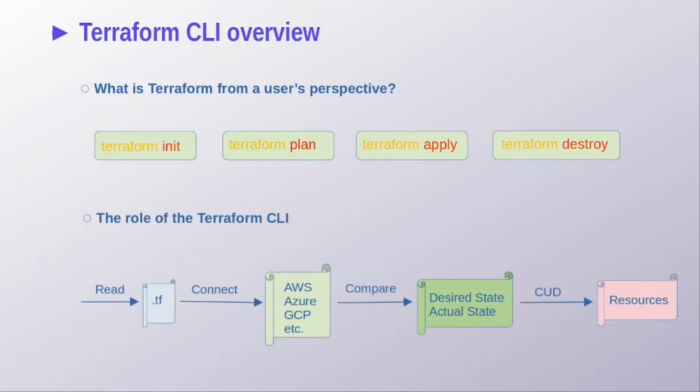The role of Terraform CLI. So what does the Terraform CLI actually do? Terraform CLI is responsible for reading your .tf files, then talking to a cloud provider like AWS or Azure, then comparing 2 things: desired state, what you want, and actual state, what already exists.